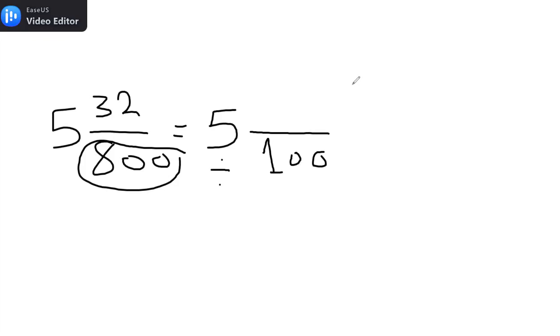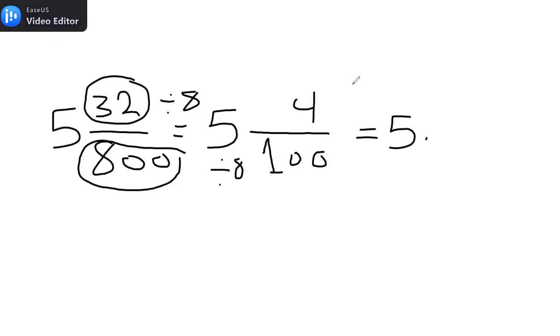800 divided by 8 will give us 100. And whatever we do to the denominator, we must do to the numerator. 32 divided by 8 will be equal to 4. Now, how can we write 5 and 4 over 100 in decimal form? 5.04.